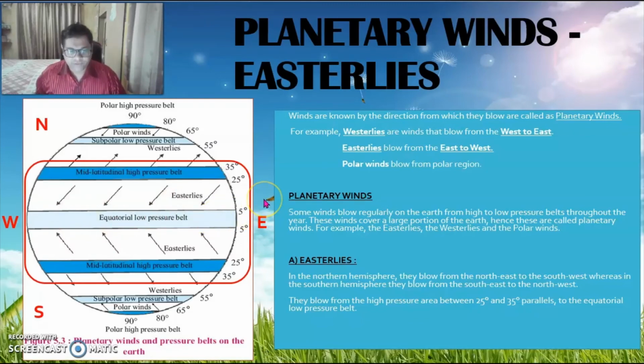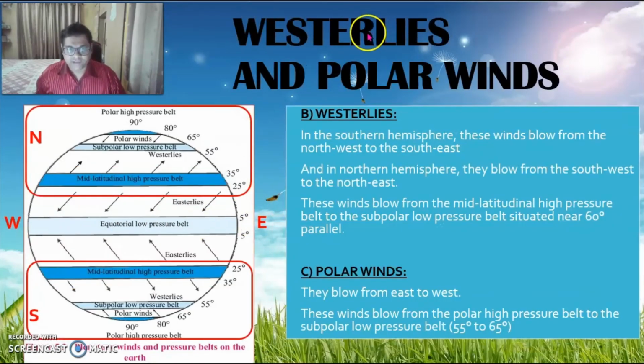Now let's go to the next one, which is westerlies. In the southern hemisphere, they blow from northwest to southeast. And in the northern hemisphere, they blow from southwest to northeast.